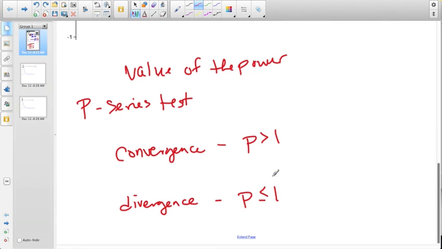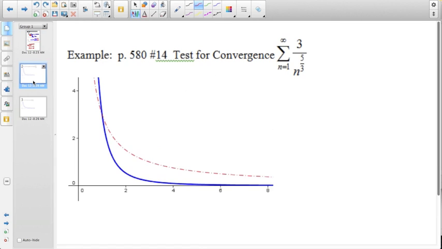So now we're going to look at some series that look exactly like that activity. For instance, here we go with a series of 3 over n to the 5/3.